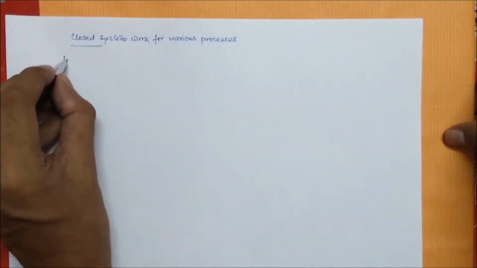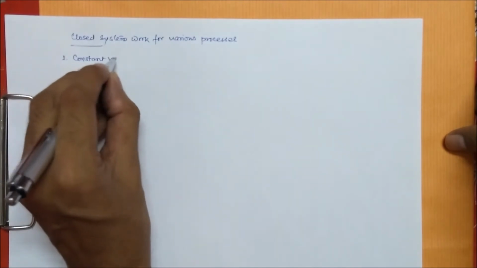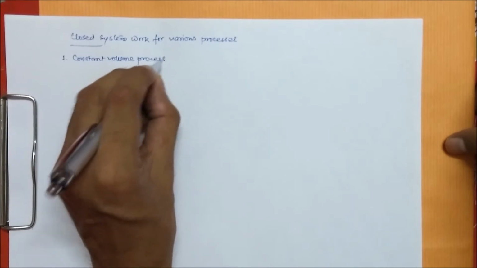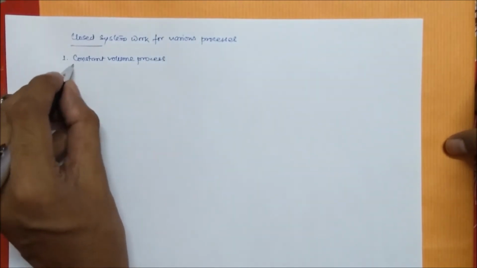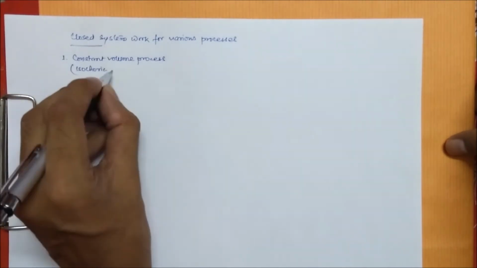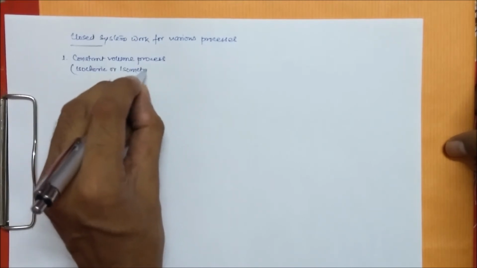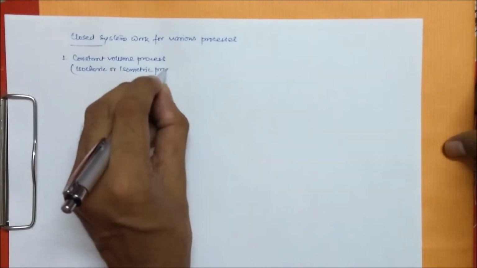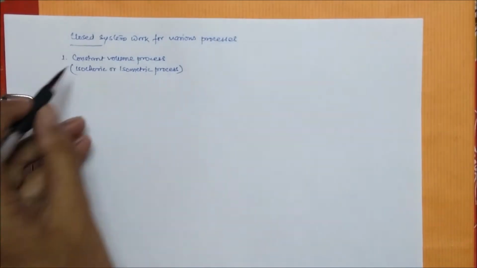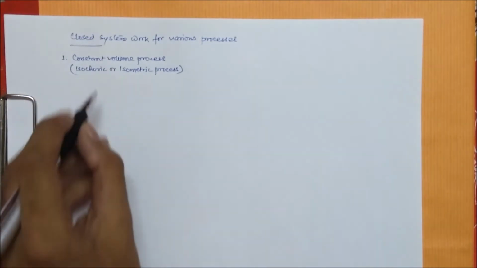First is the constant volume process, which is also known as isochoric or isometric process. In some books it's isochoric, or in some others it's isometric.